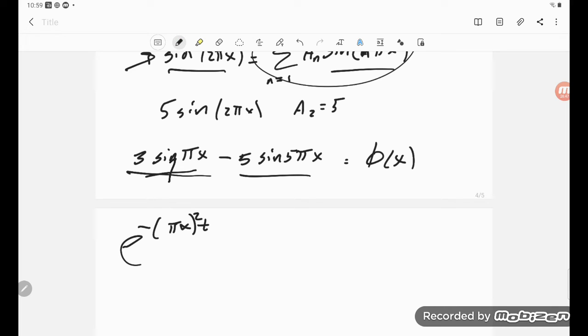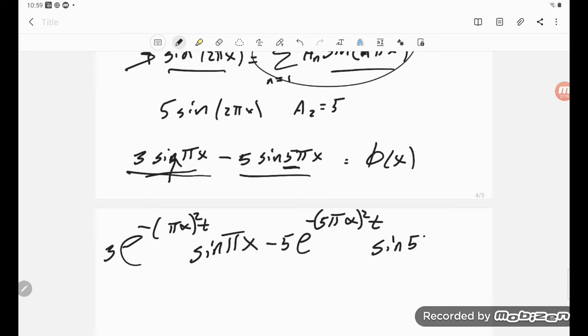Sorry, that was n equal 1. And so I would have my 3 out here, e to the negative pi alpha squared t, sine pi x, and then here's n equal 5, so minus 5 e to the negative 5 pi alpha squared t sine 5 pi x.